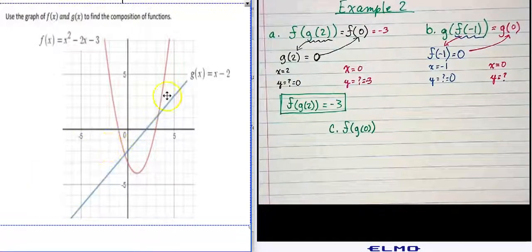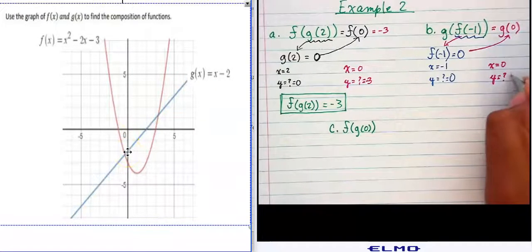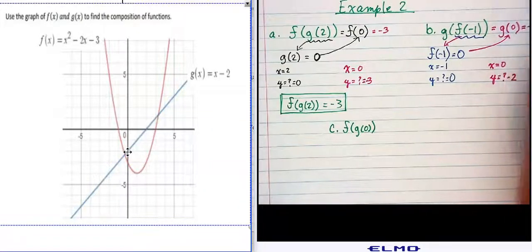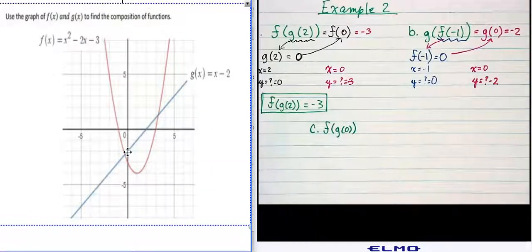So for the g of x function, the blue one, when x equals 0, it goes down 1, 2. So that is -2. So again, for the first part, when x equals -1, your f of x function is at 0. And so now we use 0, and we look at the g of x function, and it goes down to -2.